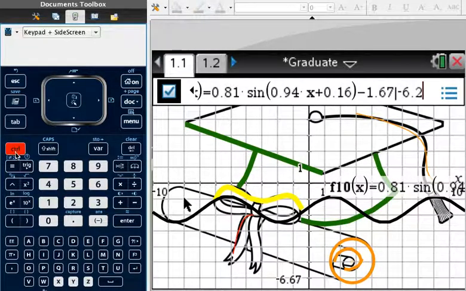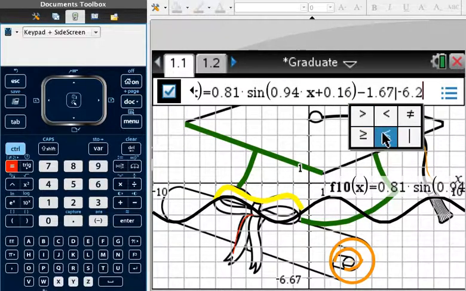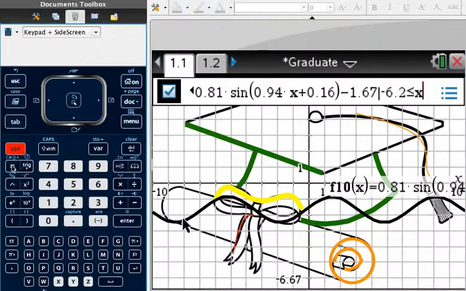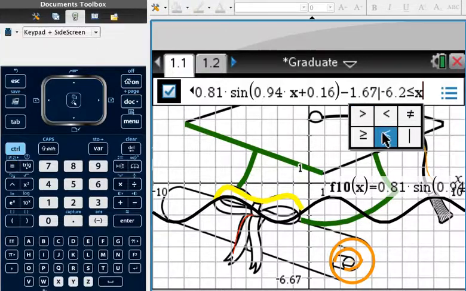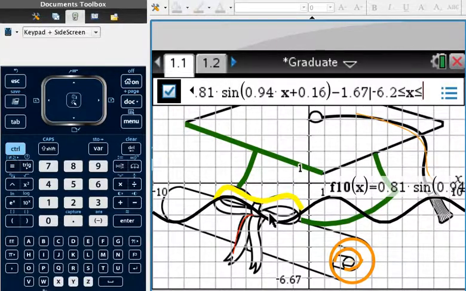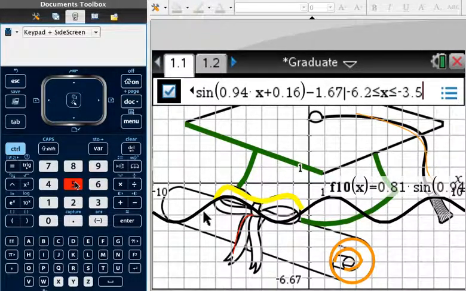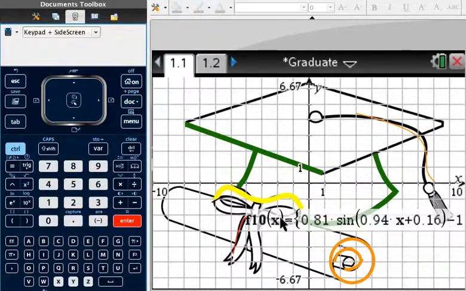Okay, control equals less than or equal to x. Control equals less than or equal to, let's say about 3.5, -3.5. Let's see what that does.